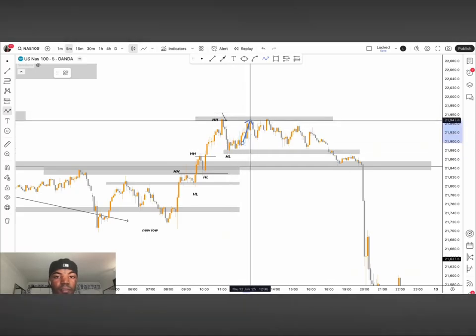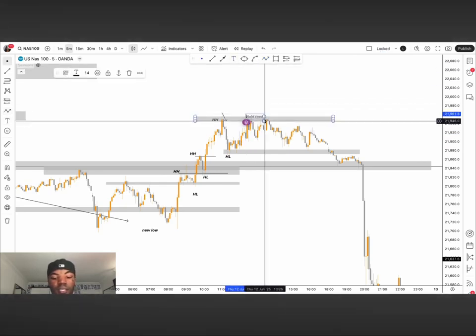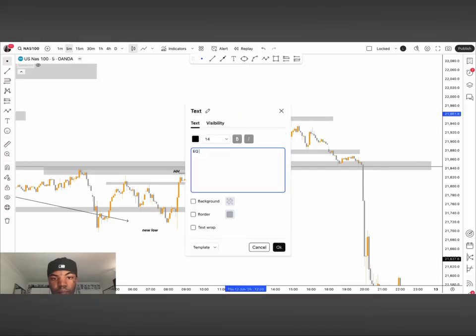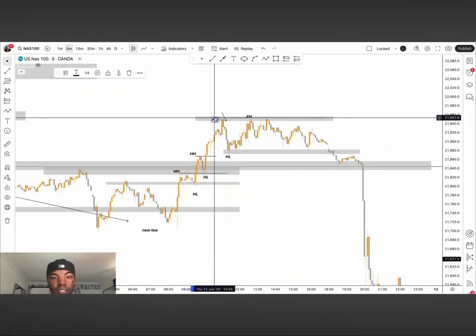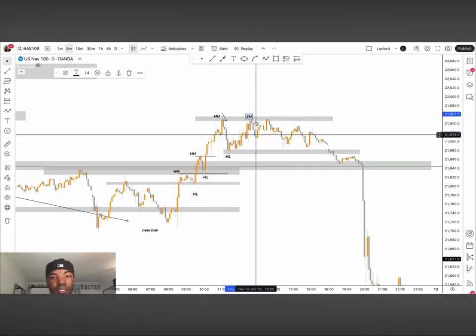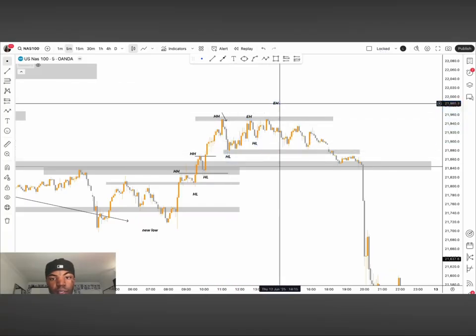So now we have equal highs right here. And equal highs is normally telling you price is not trying to go any higher than this. Why did I put EQ? Put EH, equal high, right? So this is basically telling you price isn't trying to go higher, but it's also telling us it's not trying to go lower, because what did it give us right after? A higher low, right?